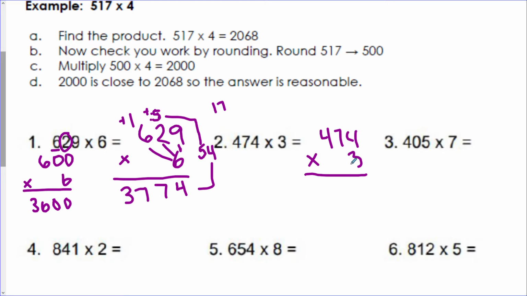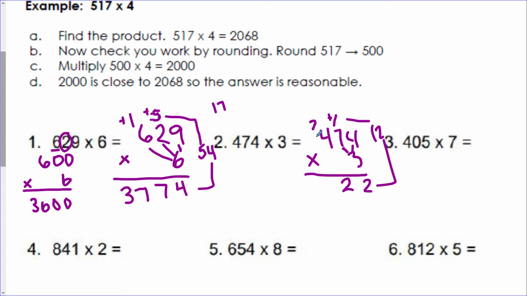So starting here, starting in your ones place, I go 3 times 4. 3 times 4 I know is 12. The 2 comes down to the bottom. The 1 comes to the tens place. 3 times 7 is 21. 21 plus 1 is 22.